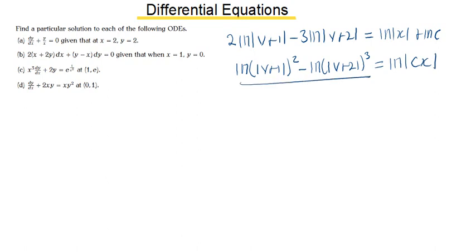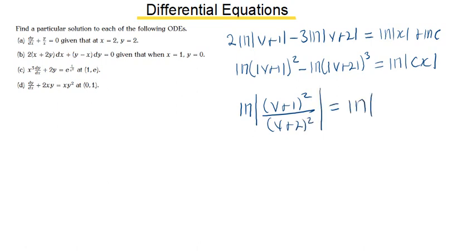Then for this part, we are subtracting this one from this one, so that's ln of the absolute value of v plus 1 squared divided by v plus 2 cubed equals ln of cx.